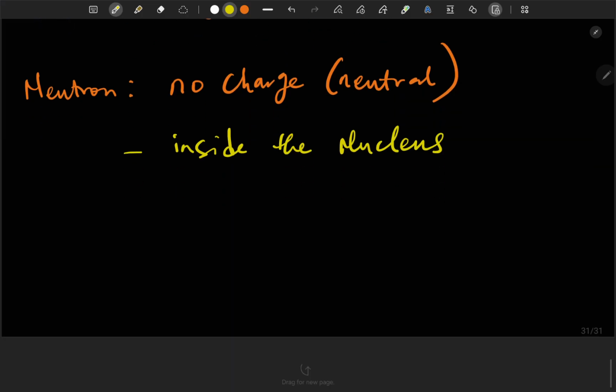So we can view an atom as an empty space containing a central nucleus. And this central nucleus contains protons. Let's represent protons by positive charges and neutrons by this dot because they are neutral.